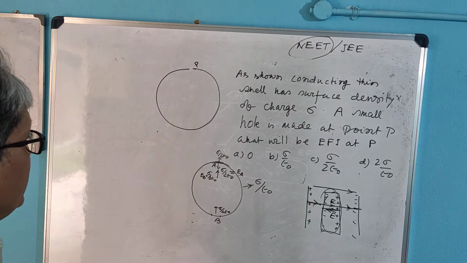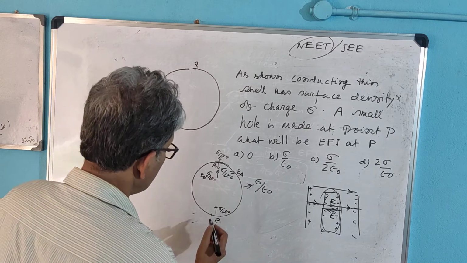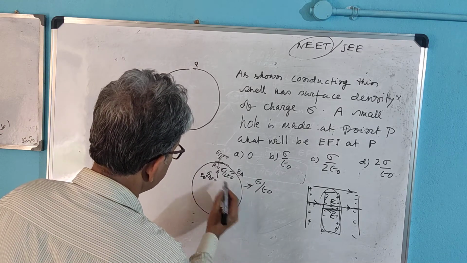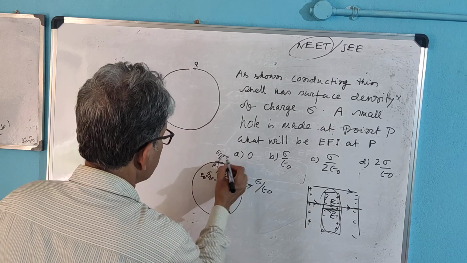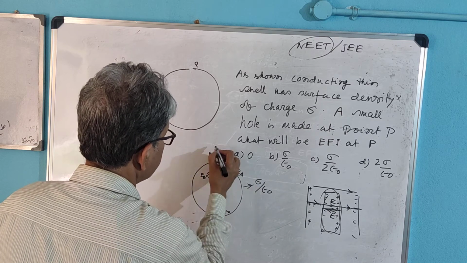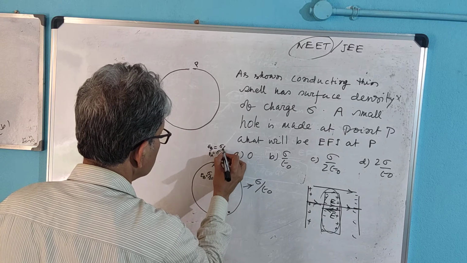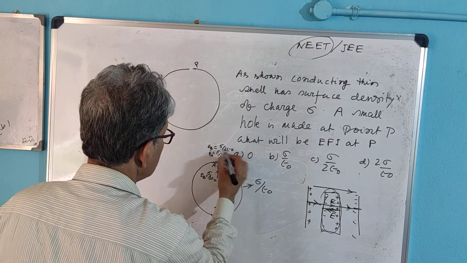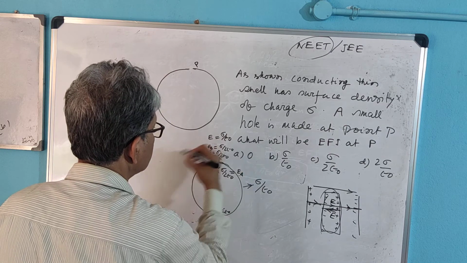These two have cancelled out. Due to this B part, here also sigma by 2 epsilon 0. So total electric field from this is sigma by epsilon 0.